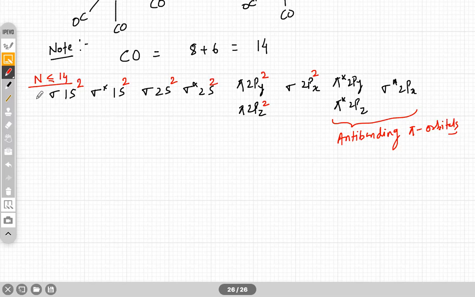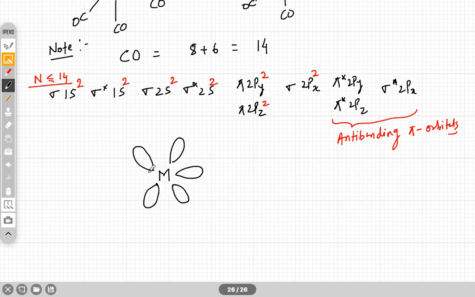So the metal that donates electrons in back bonding, it donates electrons into the pi star orbital, anti-bonding orbital. If you look at the metal, I'm just drawing a rough diagram. Suppose one orbital is this, another orbital is this. This is metal, right?